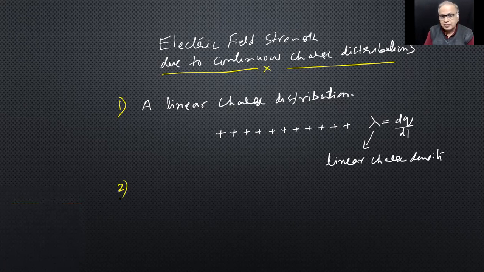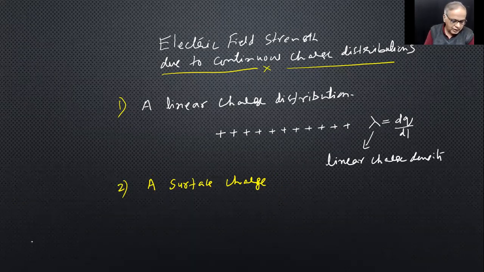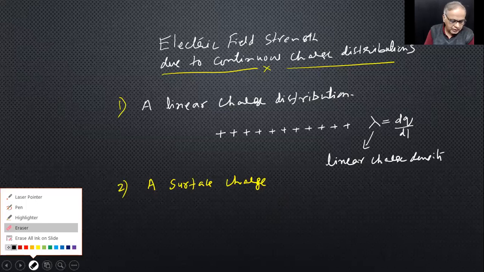A surface charge distribution. Actually, I might even drop distribution and say a surface charge. You can think like this: some charge is forming a surface. As I told you, where it forms right now we will not worry about.